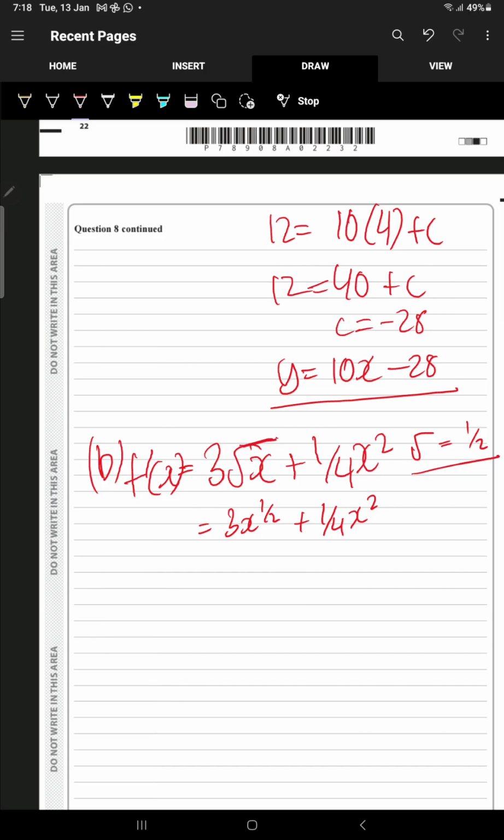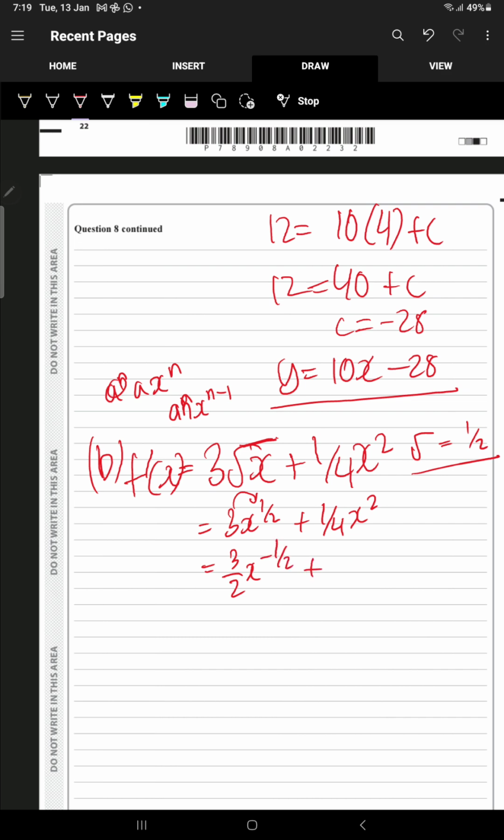So we have 3 times x to the power of half. Whenever you are differentiating, you take the coefficient times the power, and drop the power by 1. So this is going to give us 3 over 2 x to the power of half minus 1, which is minus a half, plus 1 over 4 times 2, which is 1 over 2x.